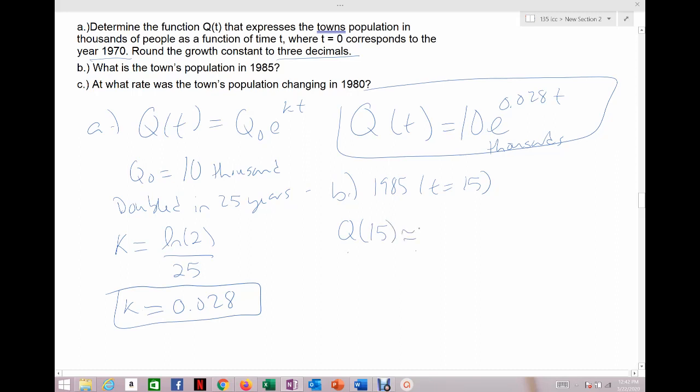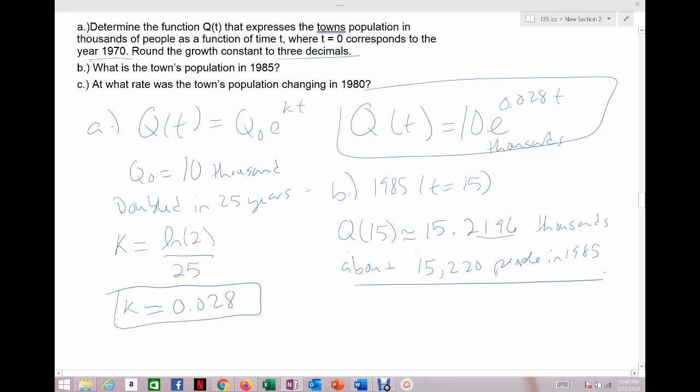I have to remember my units on it are thousands. Rounding to a couple of decimal places, I get 15.2196, but it's in thousands of people. And so they have about, if I round, 15,220 people in 1985.